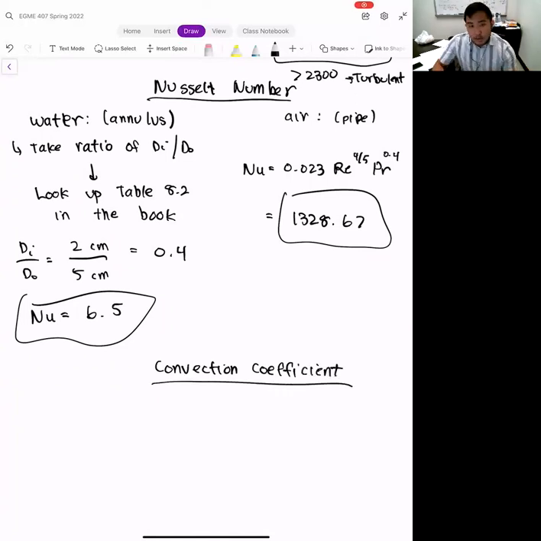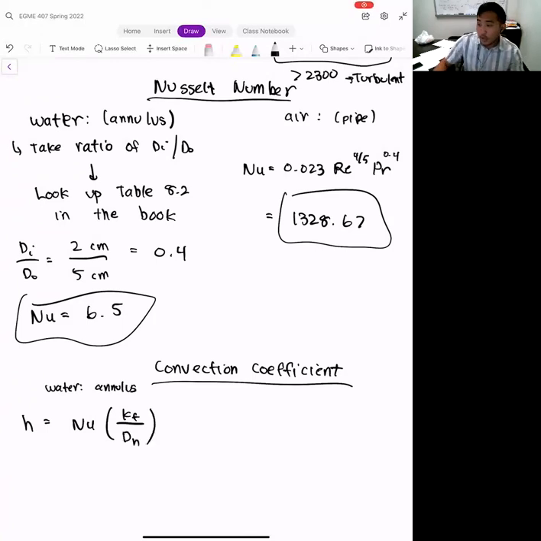And then after we do that, now that we have the Nusselt number, computing the convection coefficients is very easy. We do h is equal to Nusselt number times thermal conductivity divided by, for the water, which is an annulus, the hydraulic diameter.